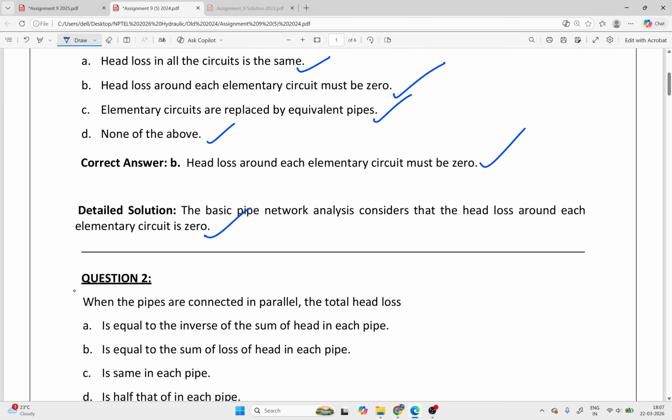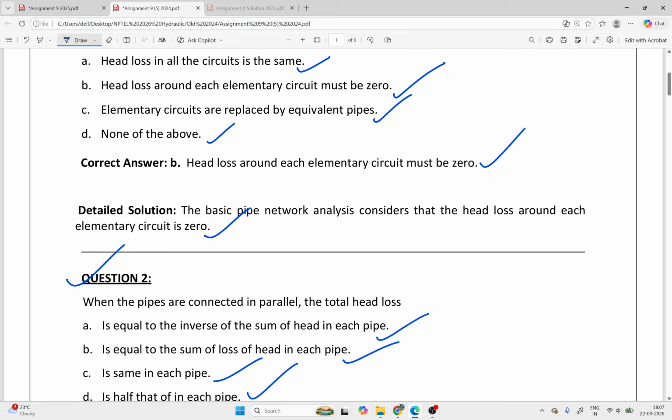Question number 2. When the pipes are connected in parallel, the head loss is equal to the inverse of the sum of the head in each pipe; equal to the sum of loss of head in each pipe; same in each pipe; half that in each pipe.